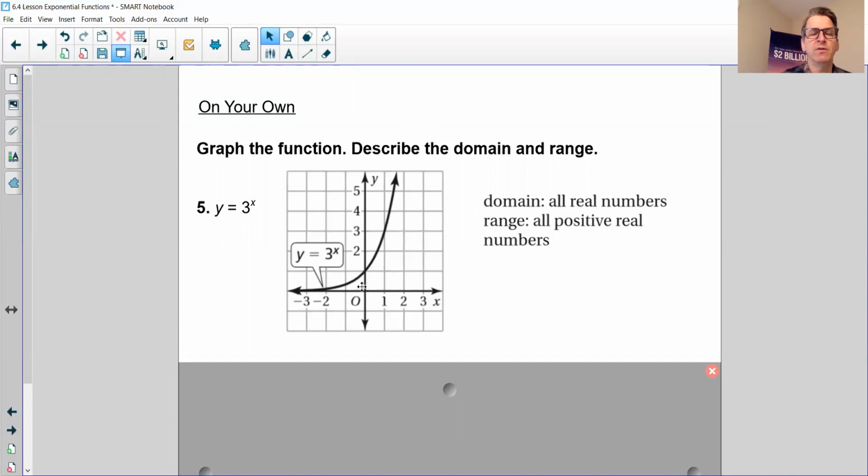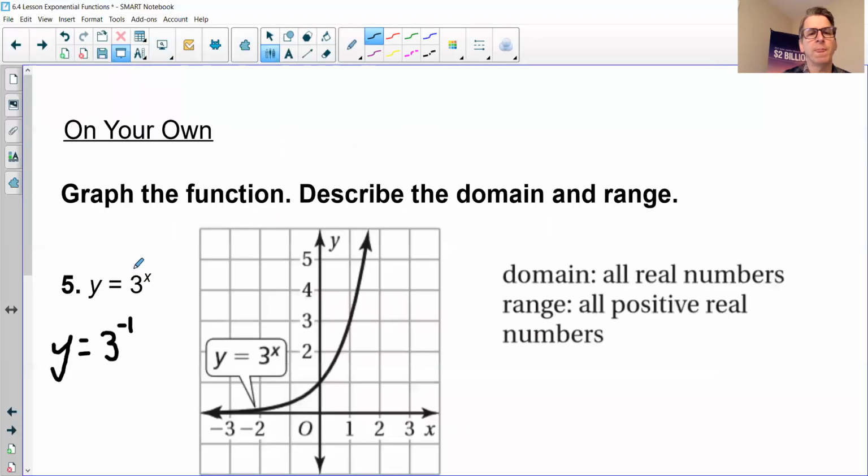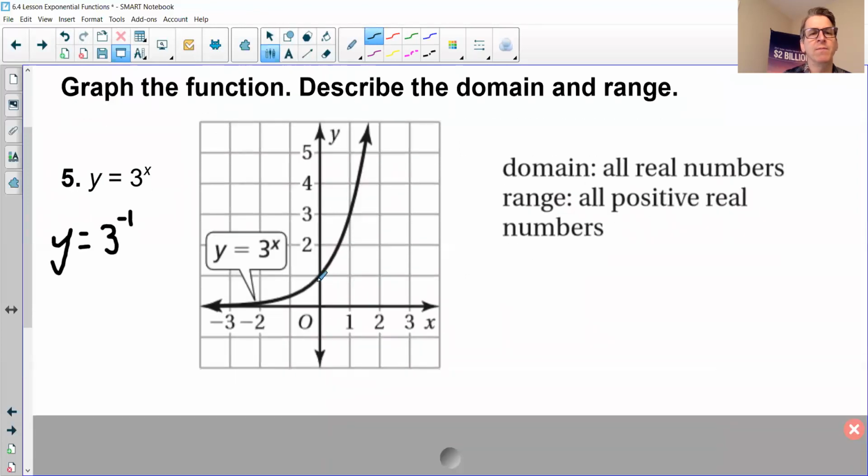But on the negative side of x, -1, -2, -3, and so forth, let's take a couple of them: 3 raised to the -1 is equal to 1/3, so 1/3 is the value when x is -1.